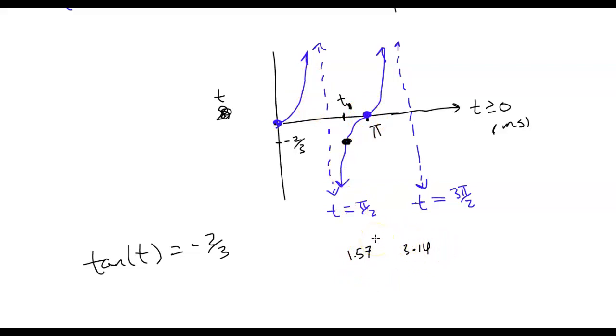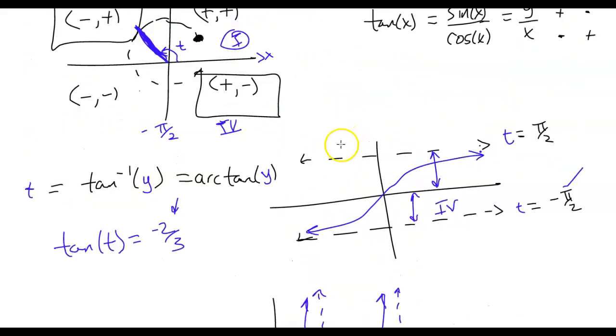Okay. And so to be able to find this, we have to use our tangent inverse function properly, or arctan function properly here. So since this is in quadrant 2, t is going to be pi minus tangent inverse of positive 2 over 3. Okay. Now, why is that? Well, here again, remember, we are in quadrant 2.